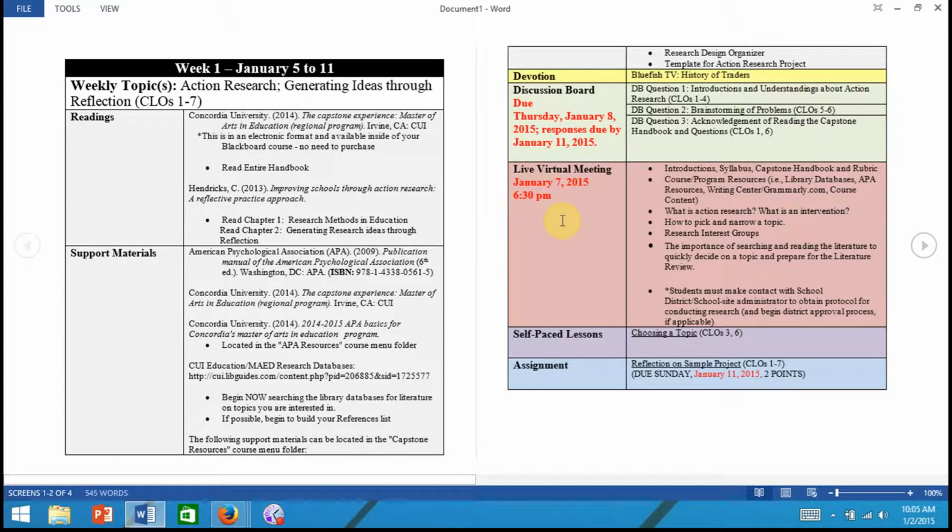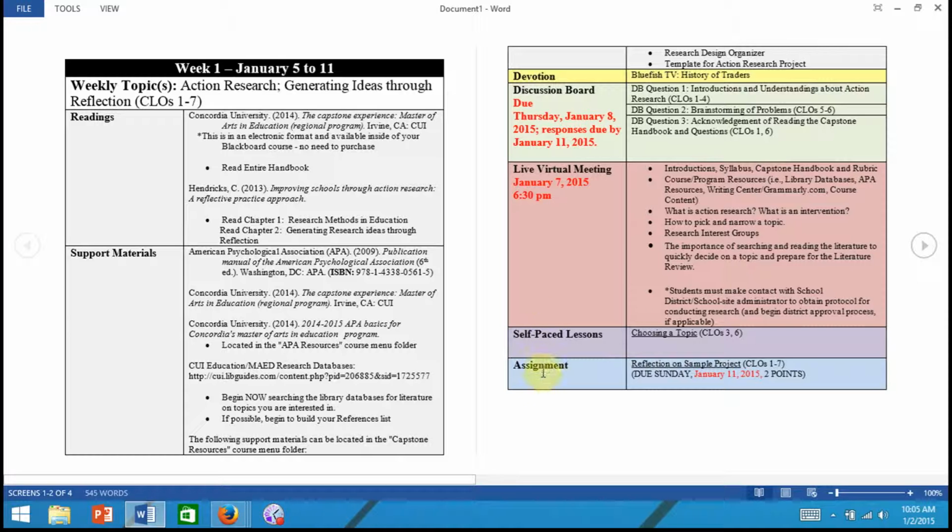Again, we will meet this Wednesday night at 6:30. Please make sure that in preparation for that night you have read through the capstone handbook as well as the syllabus, because it's pretty complex and very different from any of your other courses. It would be easier for all of us if you have read through it and have your questions ready, so that I can address them that evening.